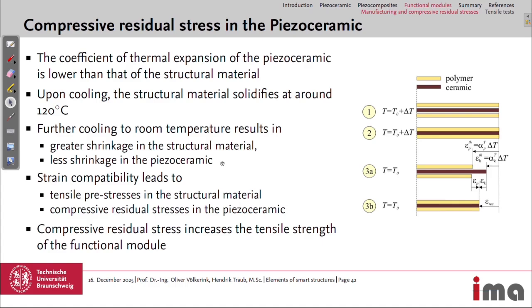So if you have a look here, we have the polymer here and the polymer here, and the ceramic, or it's more the piezocomposite already, in the middle.